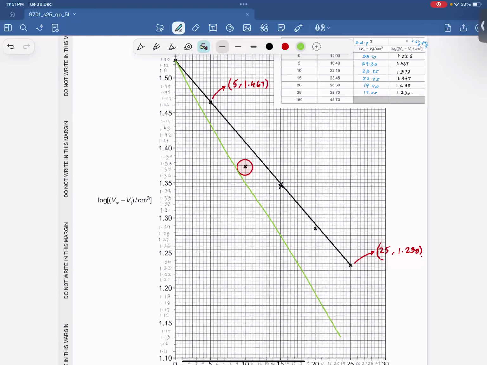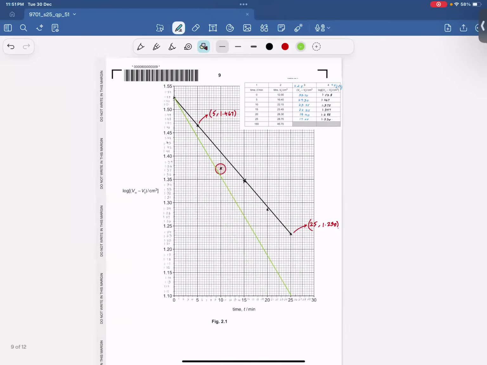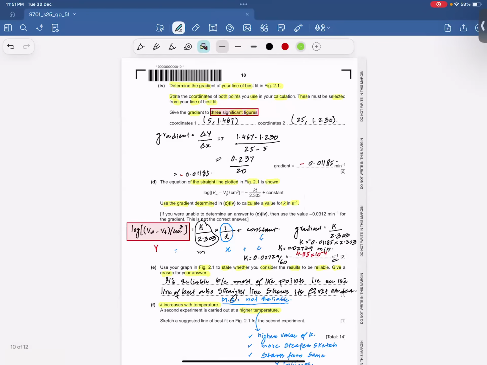So more steeper gradient, more negative gradient. I hope it makes sense to you. That's the end of this question also.